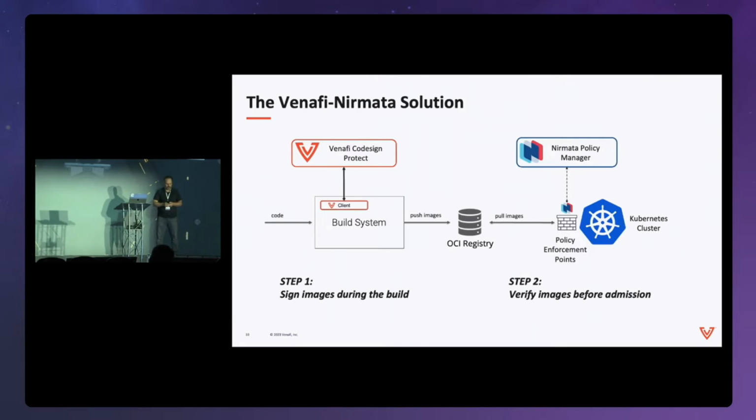And just a quick shout out to the Venafi Nirmata solution. So once again, out of the box today, you can actually leverage the Venafi platform to sign container images and then push those secure images to the hardened registry, ideally, and then leverage the Nirmata Policy Manager and Kyverno to be able then to enforce that.